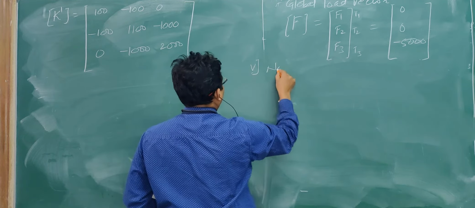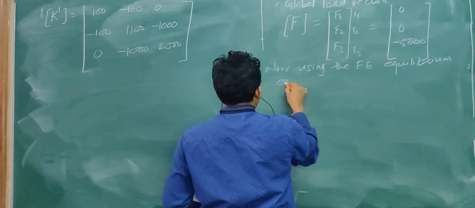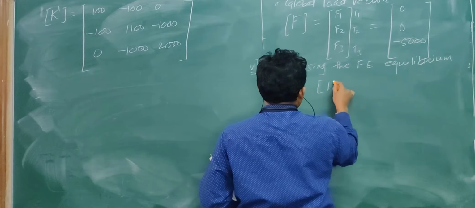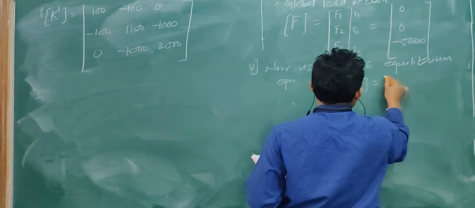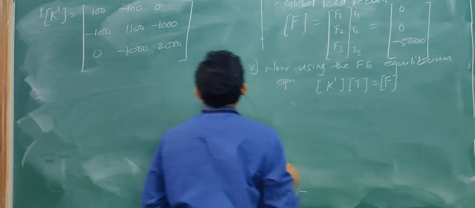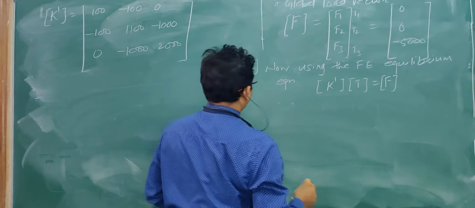Now, using the finite element equilibrium equation, that is K dash into T is equal to F, we already know K dash, so I'll directly make use of the K dash that we have found out.